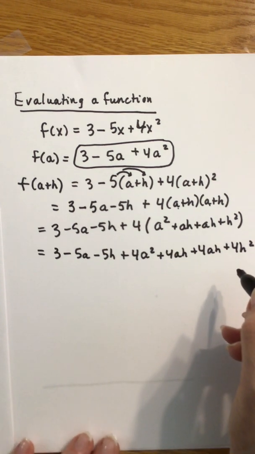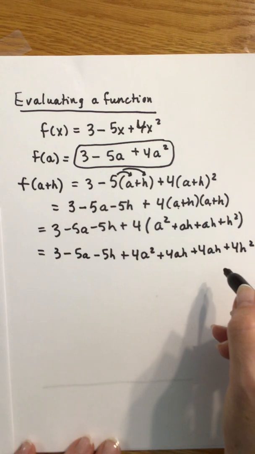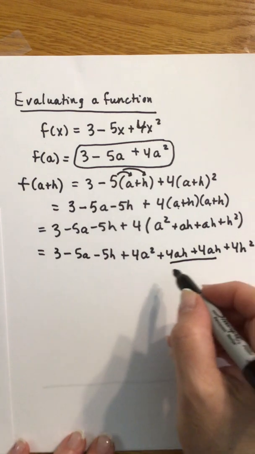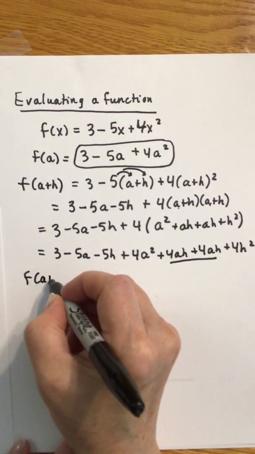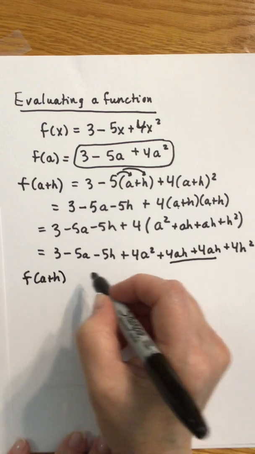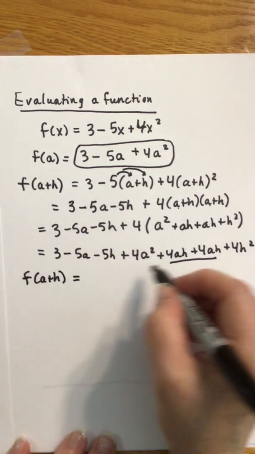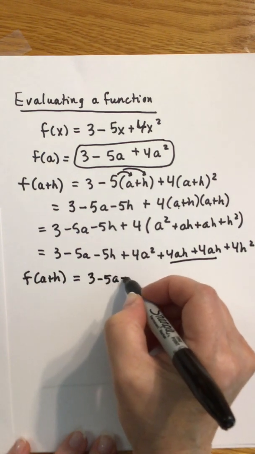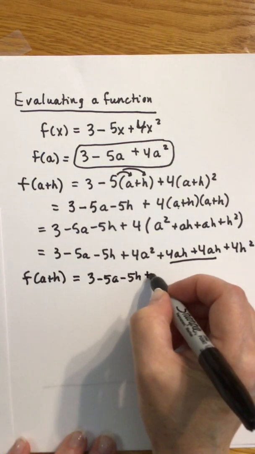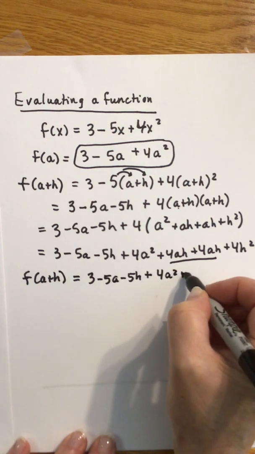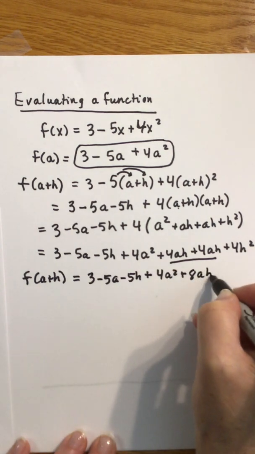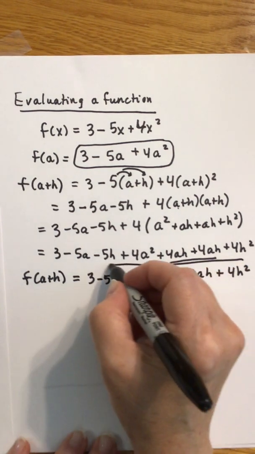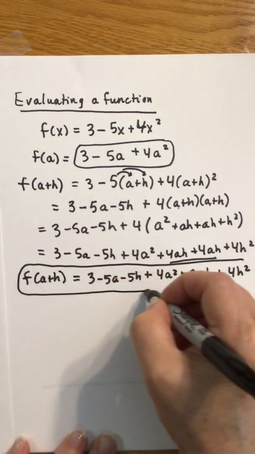So is there anything that we can put together? You see the 4ah and the 4ah is going to give us 8ah. So we get f of a plus h equals, writing all these things down then, 3 minus 5a minus 5h plus 4a squared plus 8ah plus 4h squared. So this would be our answer for f of a plus h.